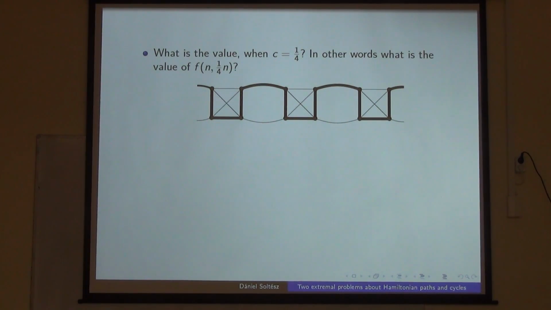And well, you just wrap around them at the end. And as you can see, their union is covered by disjoint K4s, so there is no room for an independent set of size a quarter or larger than a quarter. Of course, there is one with a quarter. So we see that sometimes f can be at least 2.